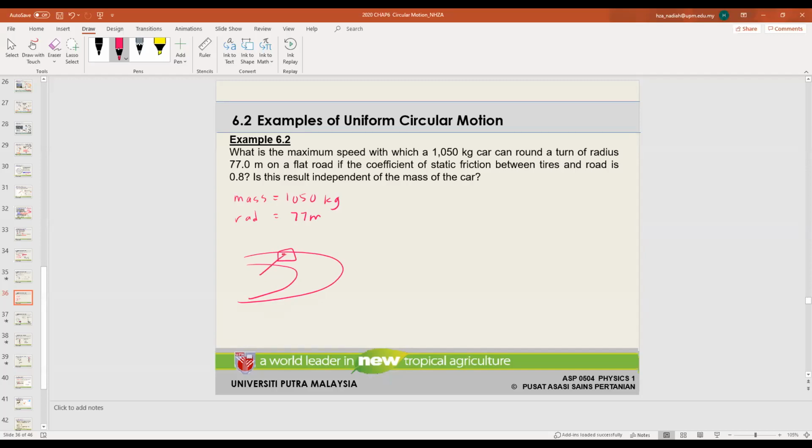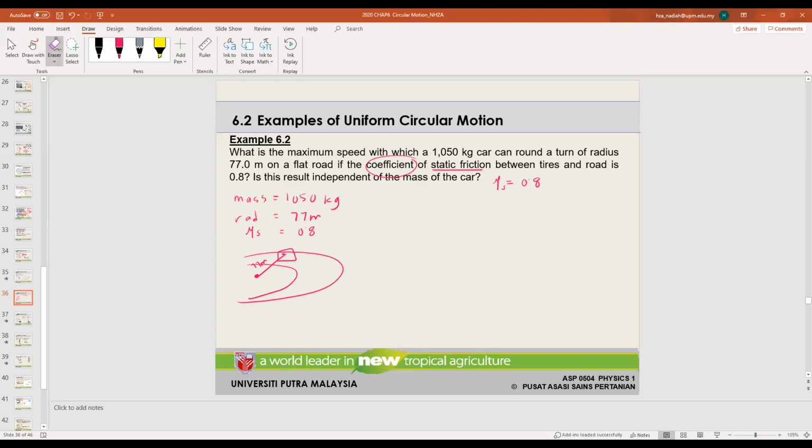The radius from the car to the center of the circular motion is 77 meter. If the coefficient of static friction, mu s, between the tires and the road is 0.8. So my mu s is 0.8. Is this result independent of the mass of the car?